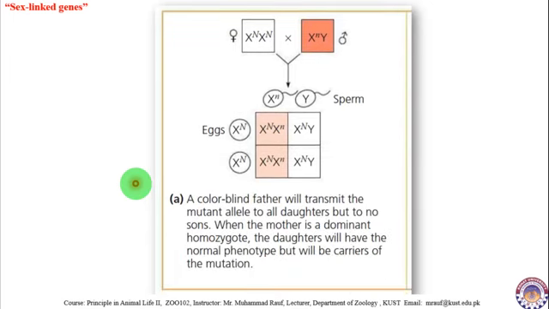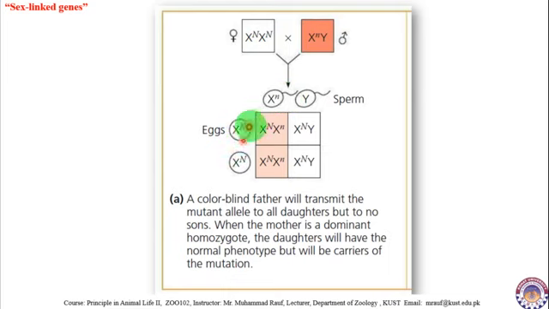Now, here is the inheritance of X-linked genes in the female. Both the genes for color blindness have no defect, meaning the female is normal without carrying a defective copy, but the male is carrying a defective copy.